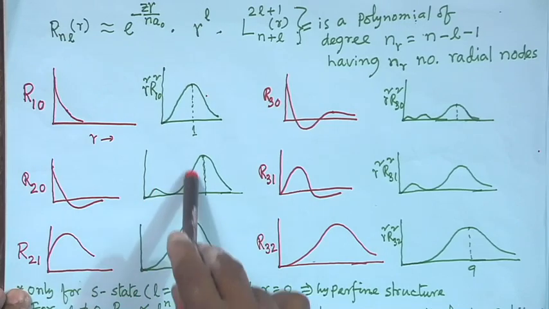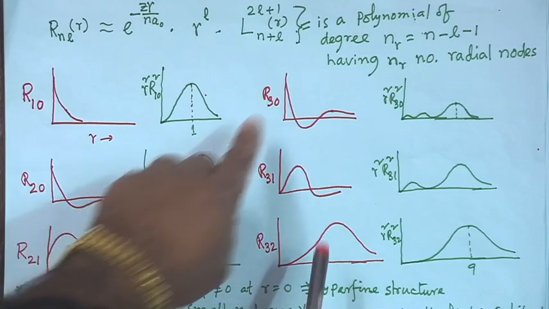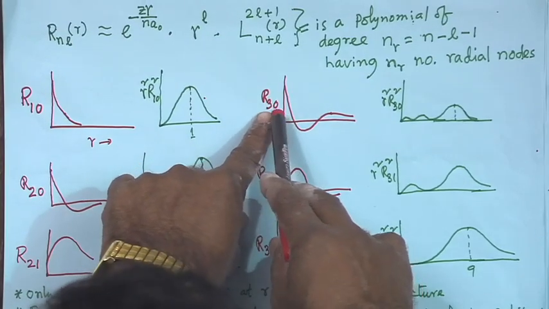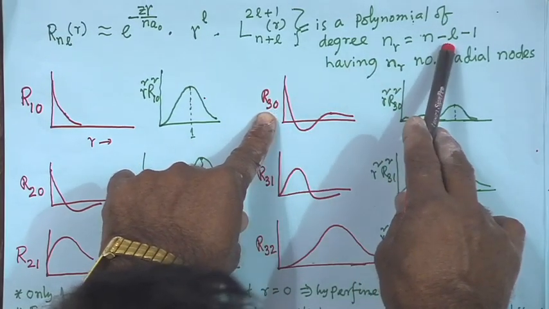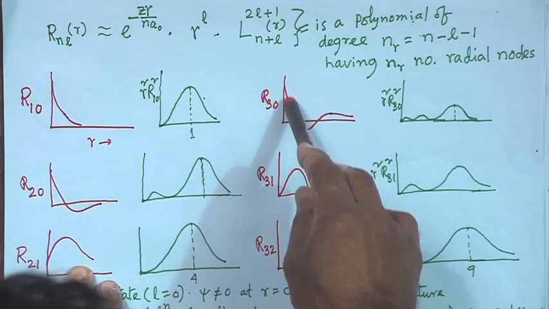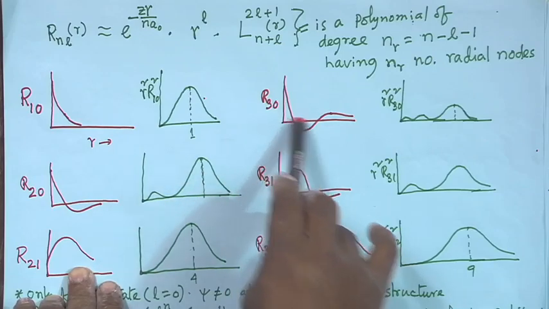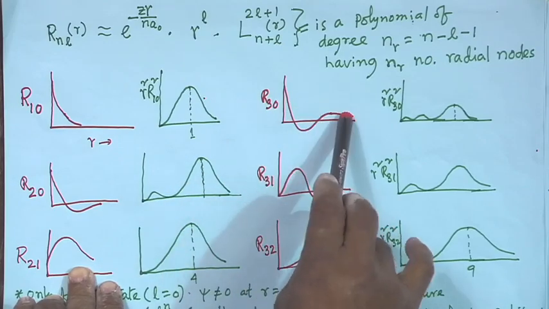So it varies like this, and the other one varies like this. So here also you can see n equal to 3, l equal to 0. So the number of nodal points is 2. So it will cut at this point and this other point. So nodal points are 2.